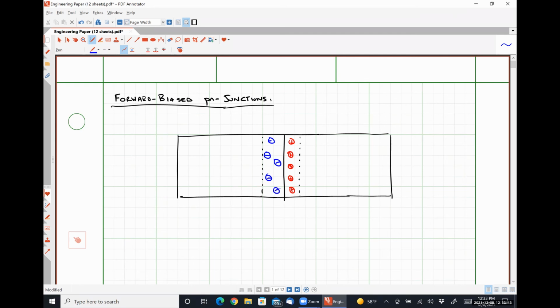Bound negative charges on the P side of the junction. This distance is WN naught. This distance is WP naught. This is my neutral N region. This is my neutral P region.